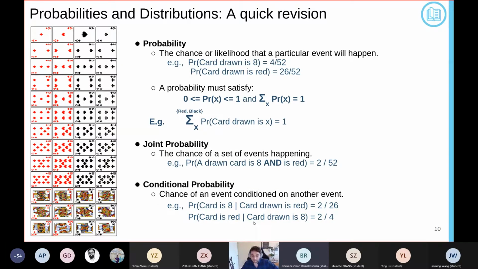Similarly, if we do it the other way around, the probability the card is red, given that the card drawn is 8, we first look at the cards that are 8s. There are 4 cards, and 2 of which are red. So that's 2 over 4. So see, this is a distinction. This is an important thing to have in mind. The context here is important.